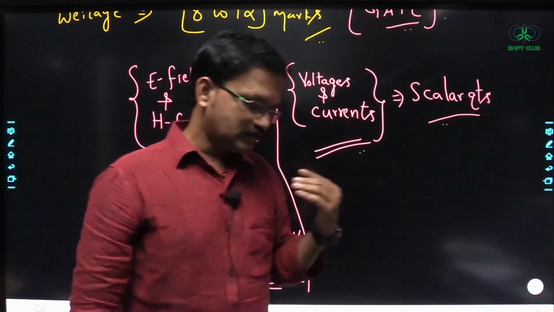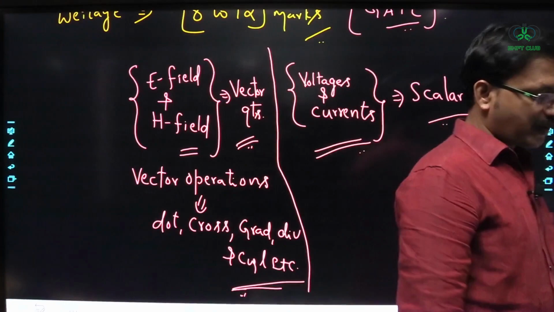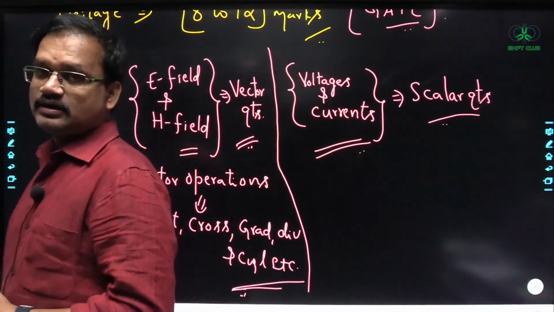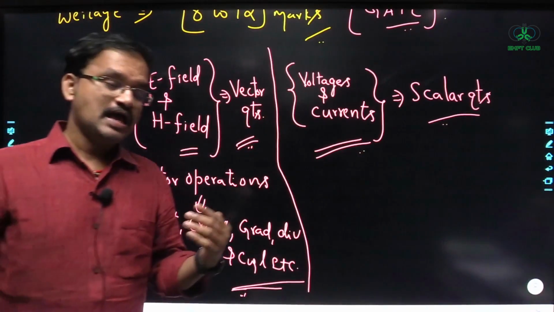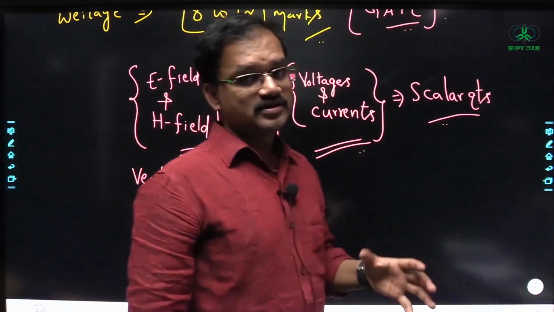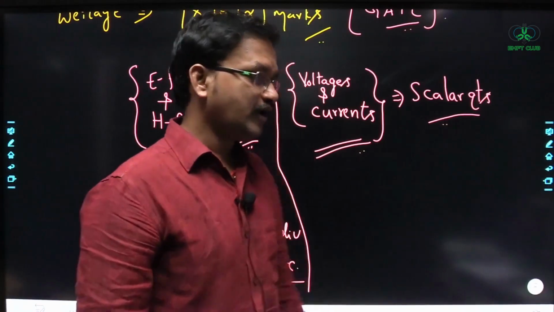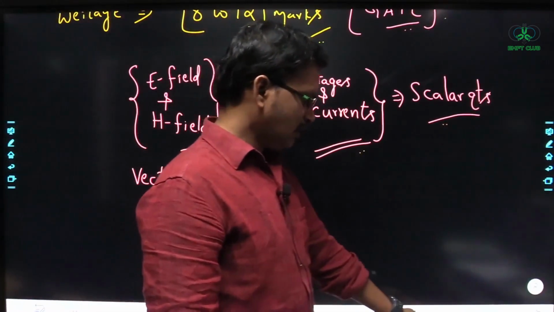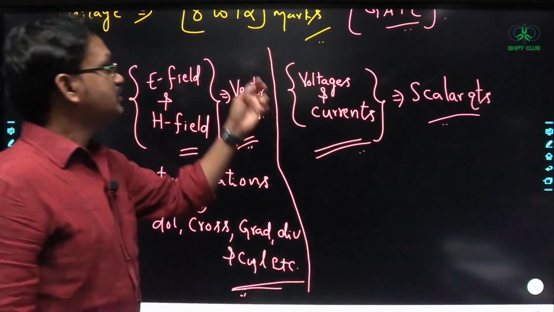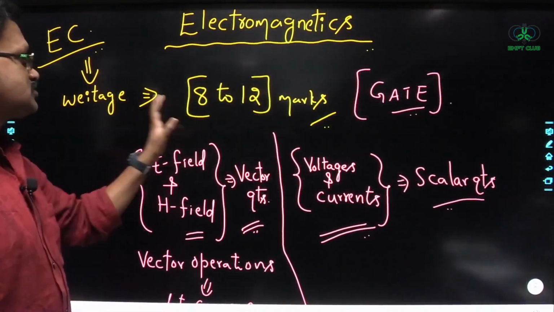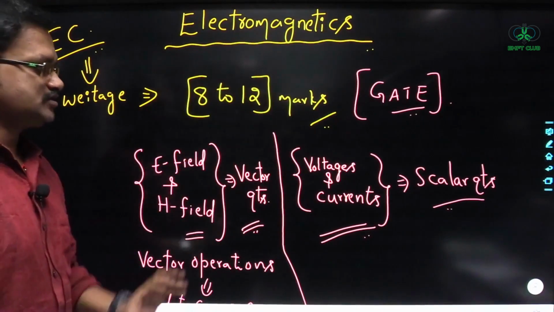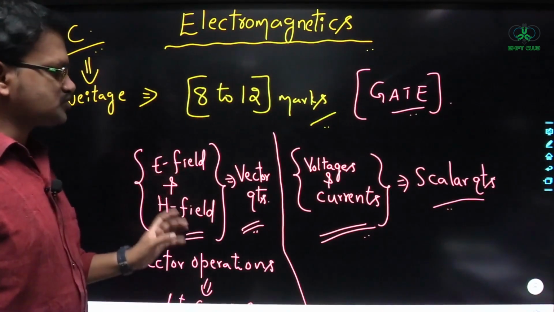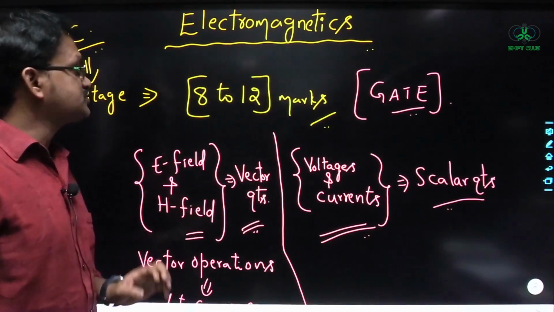For the first few hours we are going to spend most of the time learning the basic mathematics needed to understand this subject. Now I have given the weightage of marks for ECE students, from 8 to 12, and the reasoning why students feel difficulty in learning this subject.